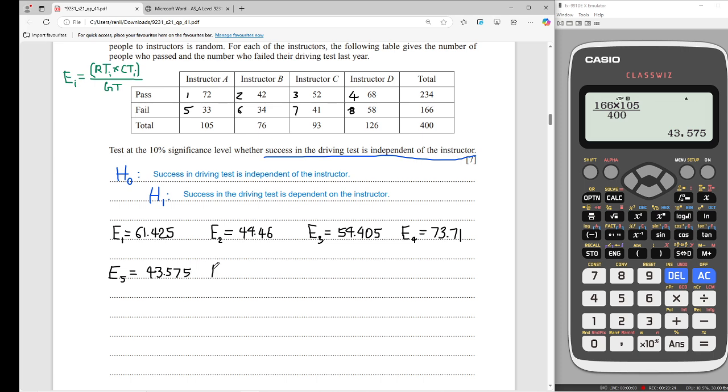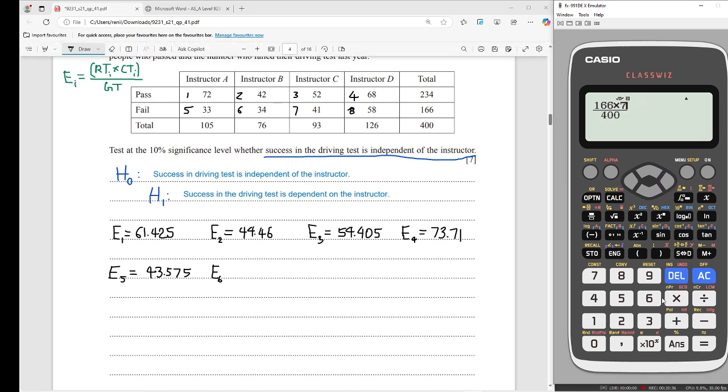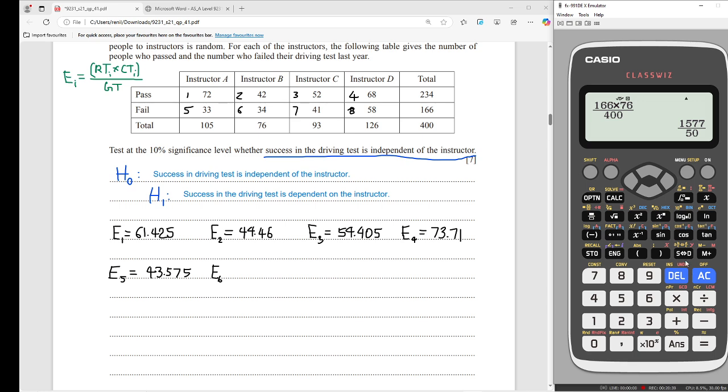Next up we have the expected value of the sixth one. This time the row doesn't change because we're looking at the same row, so the column total becomes 76, and you have your answer: 31.54.